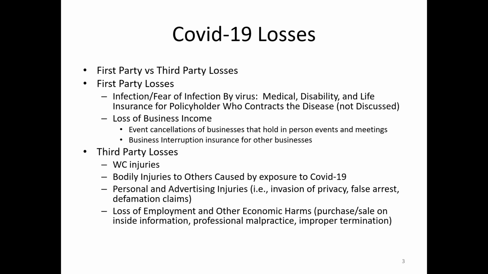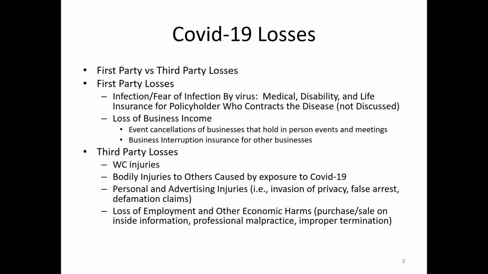COVID-19 losses, I like to categorize them for purposes of insurance between first party and third party. First party means they're suffered by the policyholder himself or herself or itself. So if you have been infected or you have the fear of infection by the virus, you as a policyholder could get coverage.